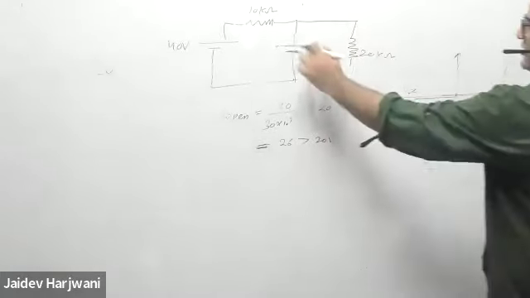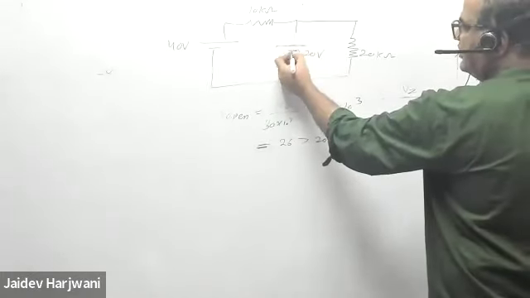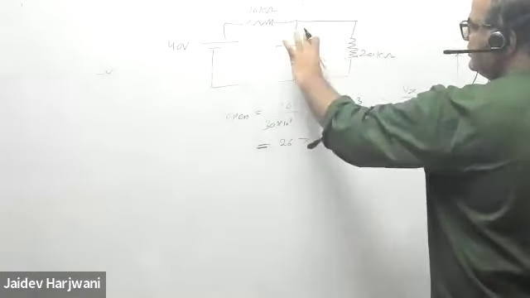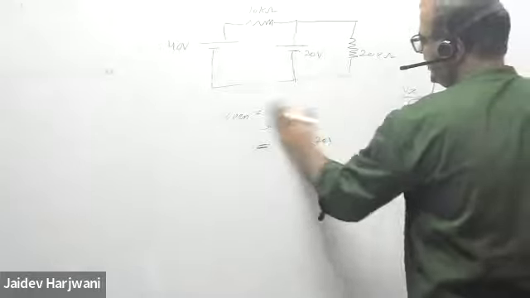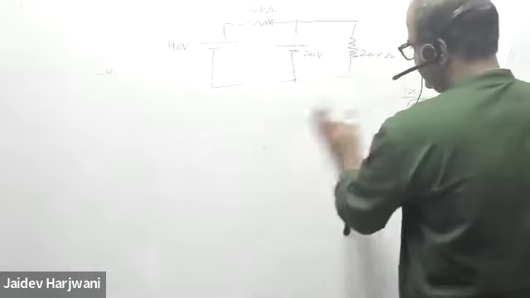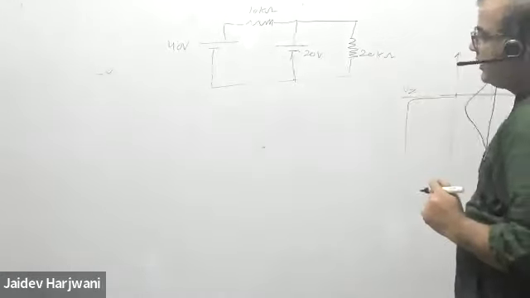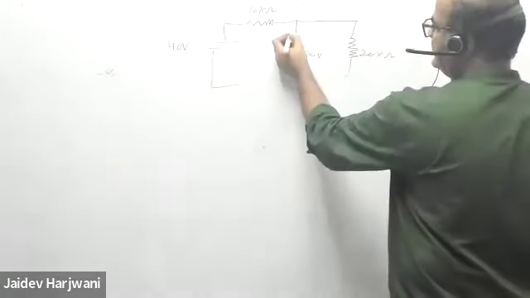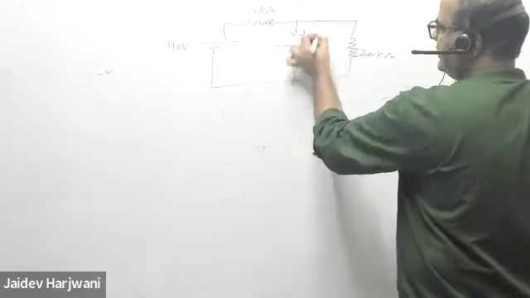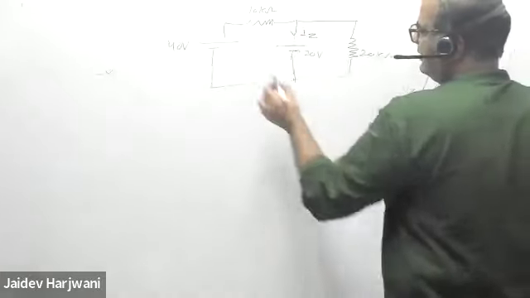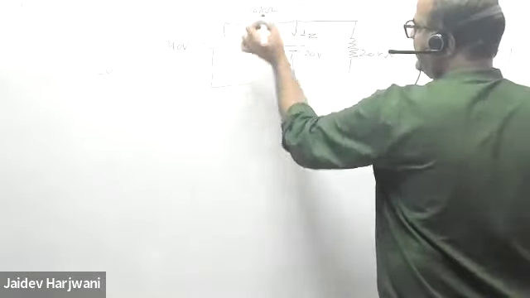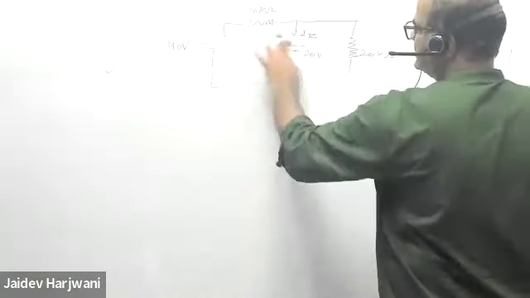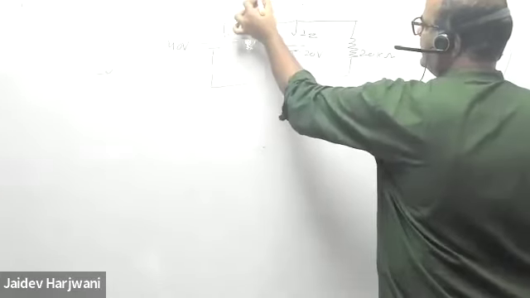So now this is 20. Once I say this is on, I can replace it by a battery. Now the voltage here will be 20. Now this is just for checking. Now we have to find what IZ is here. I know this is the total current I coming here. This is 40, this is 20, so the voltage drop here is 20 volt.